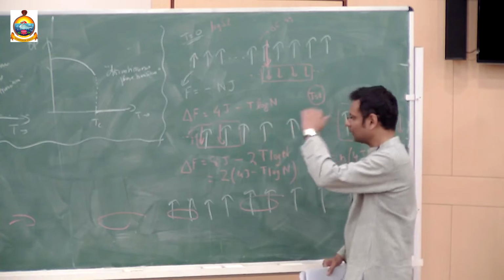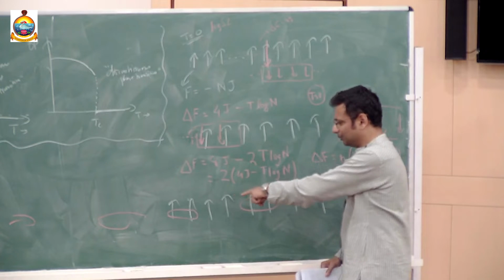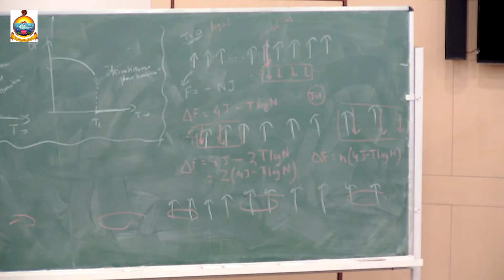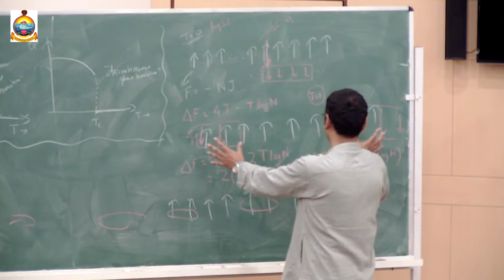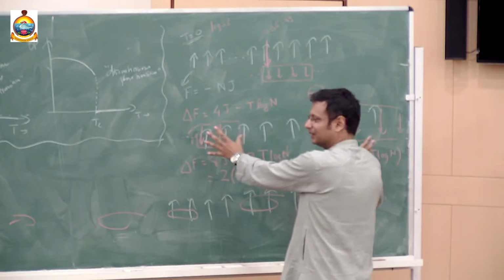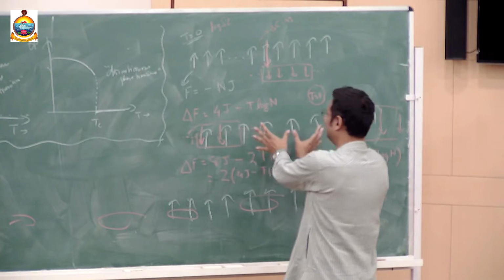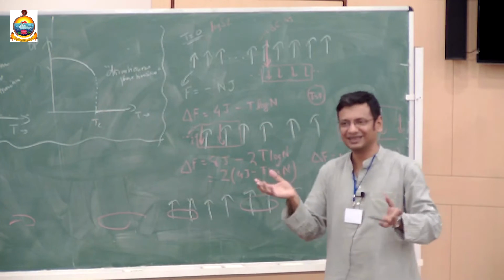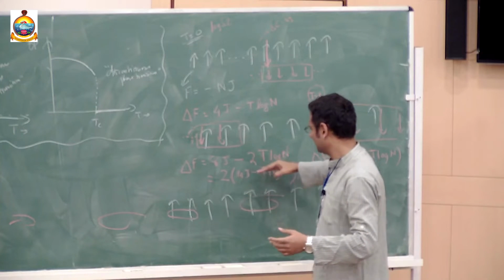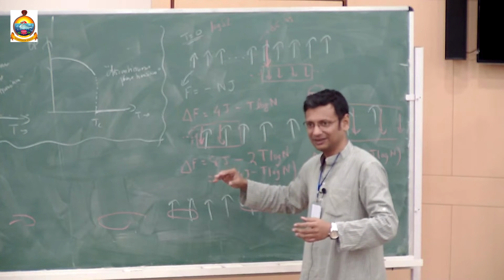Oh, I see. See, okay, see, what's exactly happening here? Suppose you look at this picture, right? Just look at this picture. This patch of spins and this patch of spins could have been here, could have been here, could have been here. They have exactly the same energy, right? And that's what gives them an entropy gain, right?